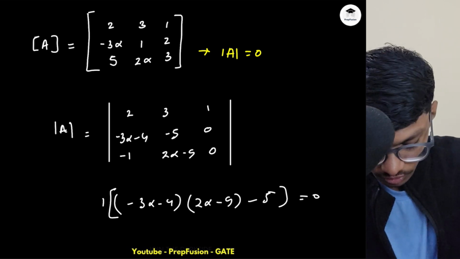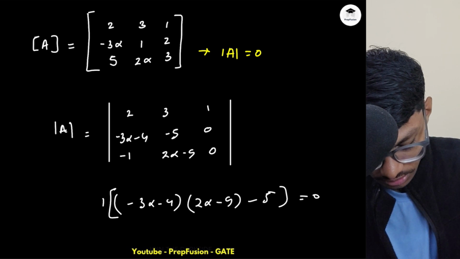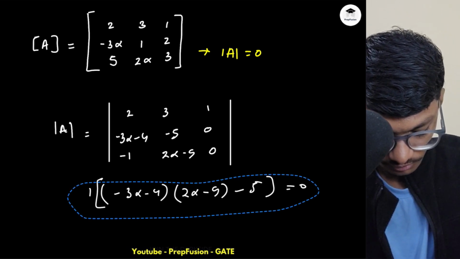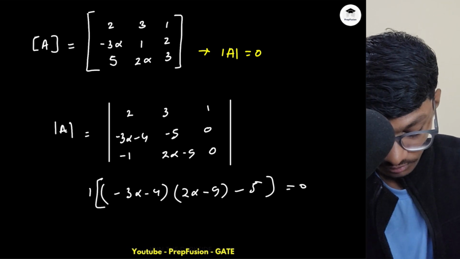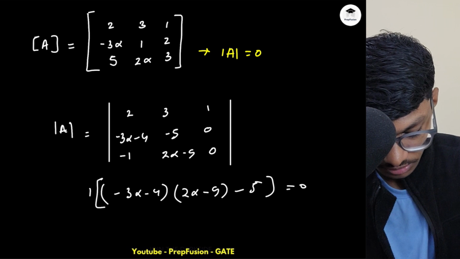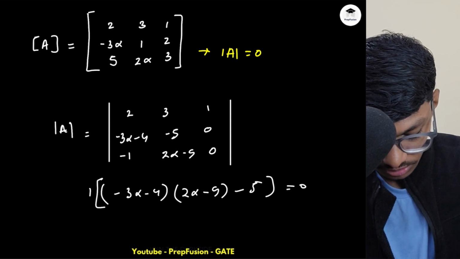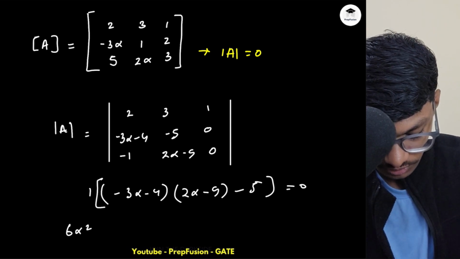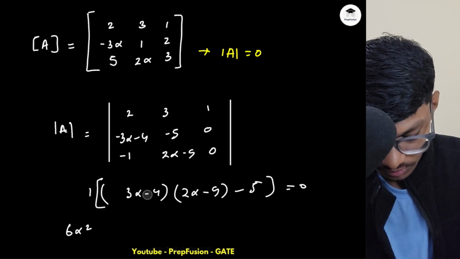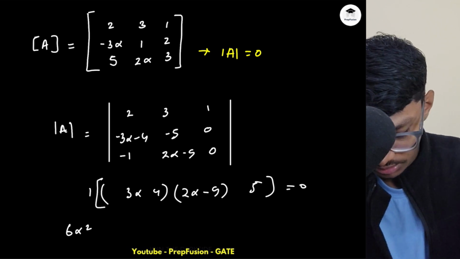Okay, so let's equate these equations. If I take the minus as common, minus will go out, so this will be 6 alpha square. What I am trying to say is, if I take the minus common, everything will become plus, right?